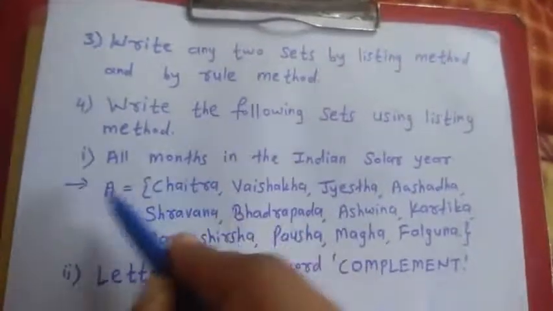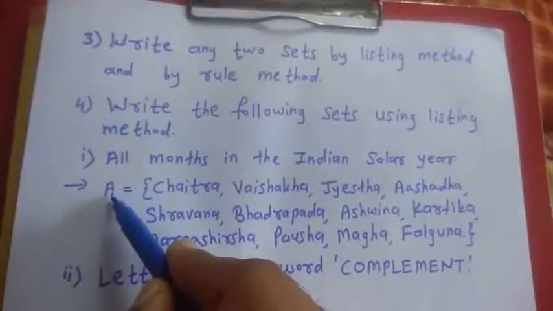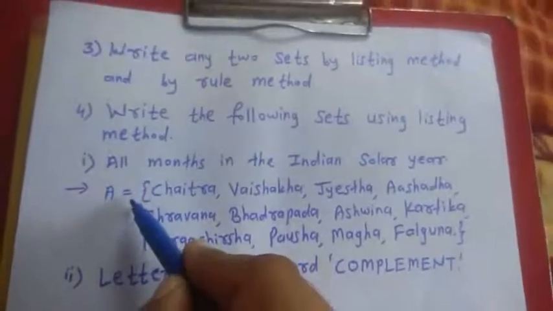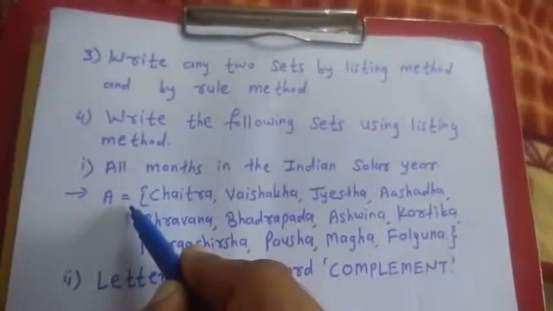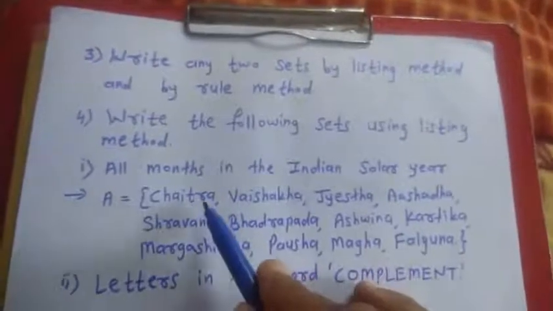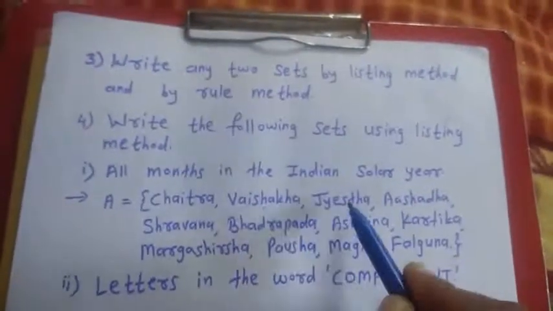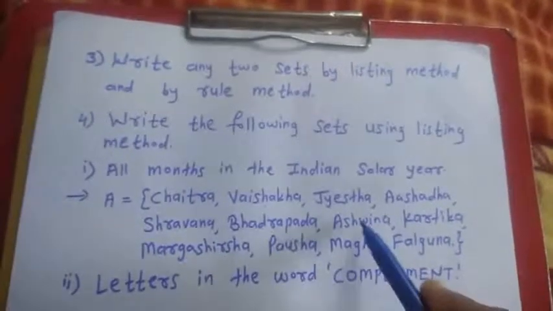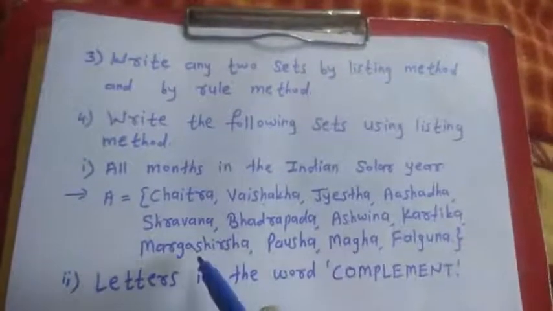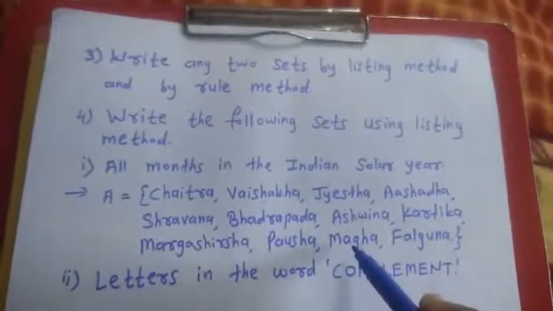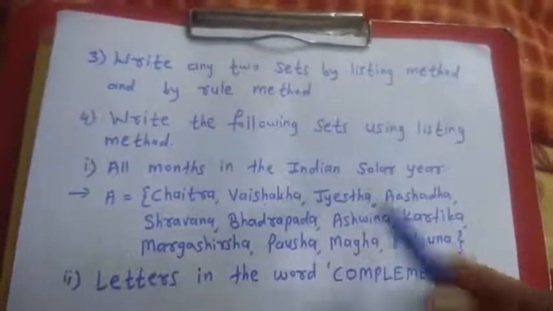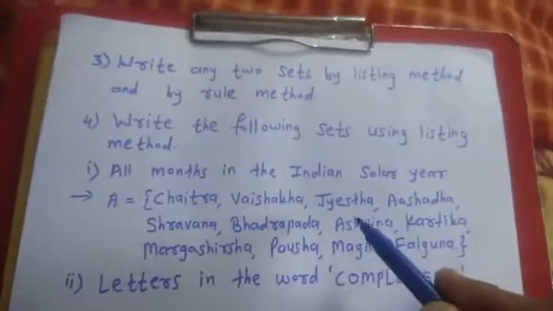So we will denote this set by using capital alphabet A. A is equal to the months in the Indian solar year are Chaitra, Vaishakh, Jyeshtha, Ashadh, Shravan, Bhadrapad, Ashwin, Kartik, Margashish, Paush, Magh, Phalgun. Okay, there are the 12 months in the Indian solar year.